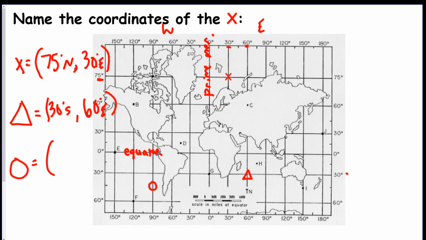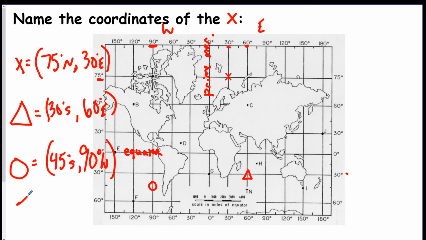Is it north or south? It's south. How many degrees south? This looks like between 30 and 60 degrees south. So we'll say this is 45 degrees south, comma. Then you go to the prime meridian. Is it east or west? It's west. How many degrees west? 90 degrees west. That was what the answer was.